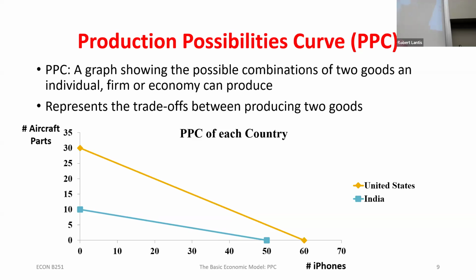So here, this would be 1 over 2. And I'm not going to include the negative signs because we're already talking about these in terms of a cost, right? So the cost of one more iPhone is going to be half an aircraft part to the US. And then you would do the exact same thing for India, right? So cost of an iPhone, India, 1 over the slope, so 1 over 5.